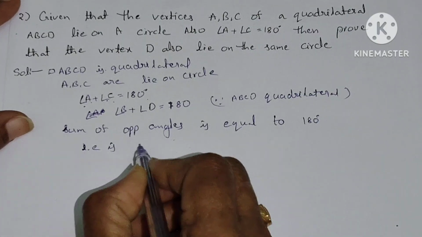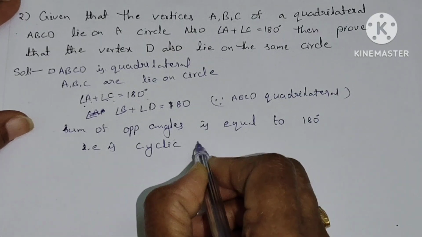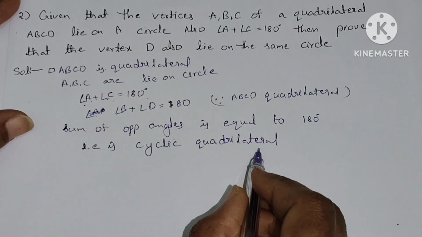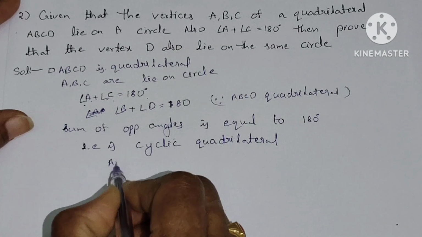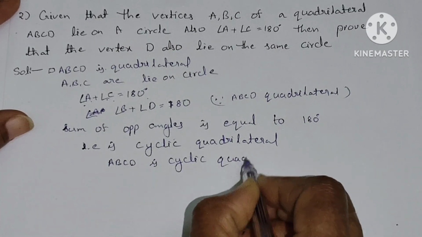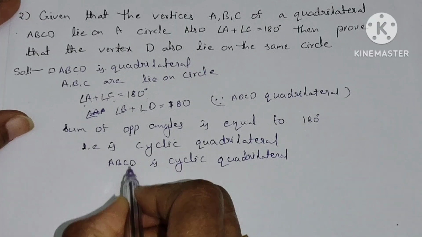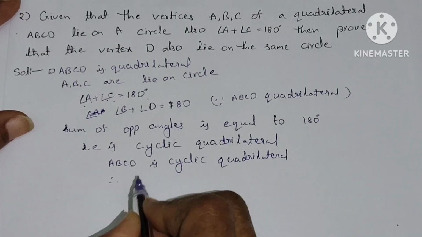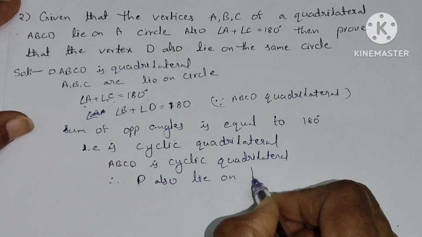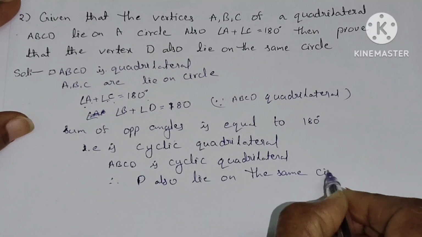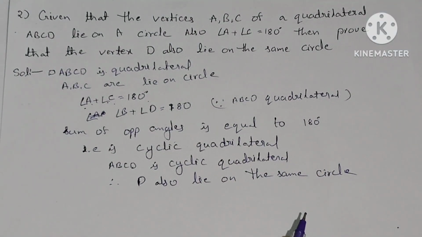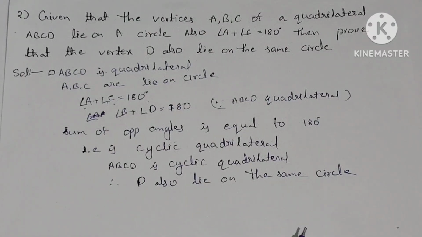That implies ABCD is a cyclic quadrilateral. Therefore D lies on the same circle. A cyclic quadrilateral means all four points lie on that circle. So this is the solution of the second one.